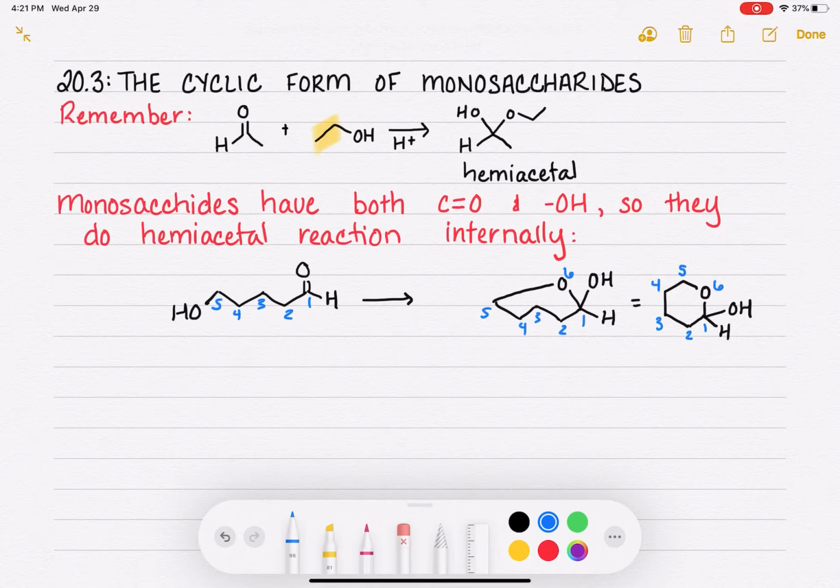So what I'm going to attempt to do is show you how this works using animation type software for an aldose. I don't know how well this is going to go, but we're going to give it a shot.